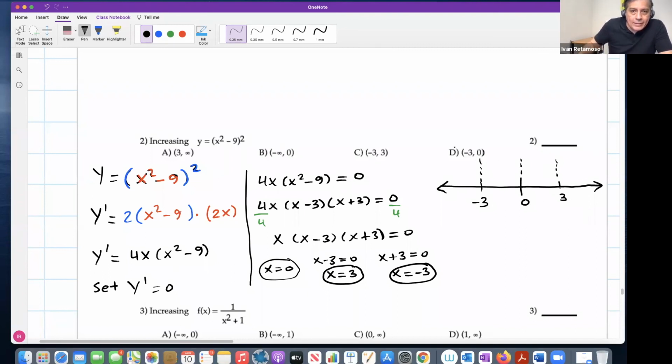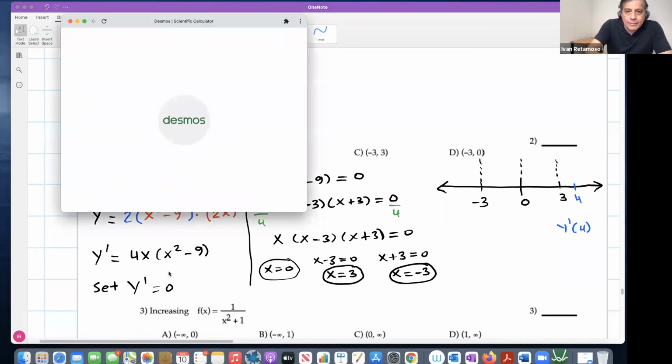So starting here, I can choose the test point 4 and evaluate my derivative y prime at 4. I have to see if this is positive or negative, right? Look, if you put the number 4 inside your derivative, notice that's going to be equal to what?